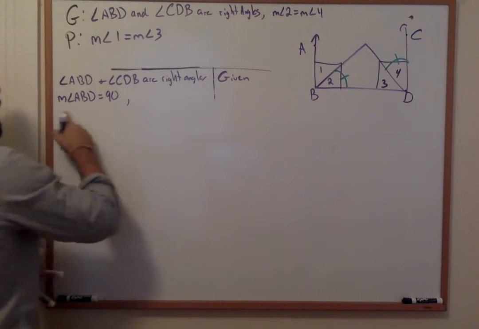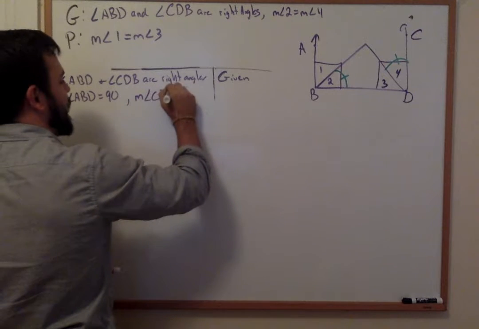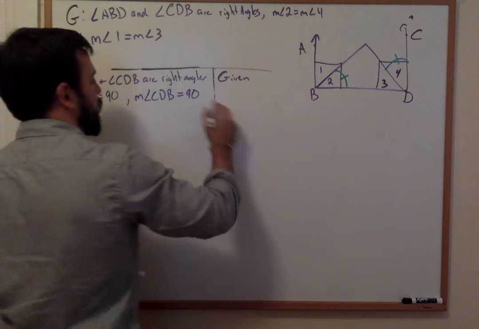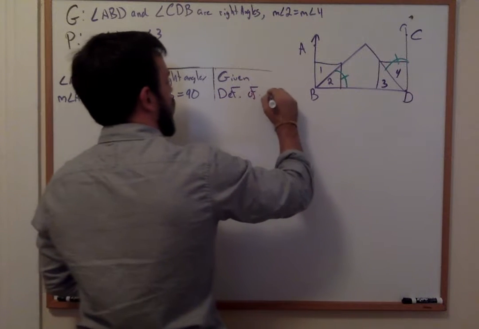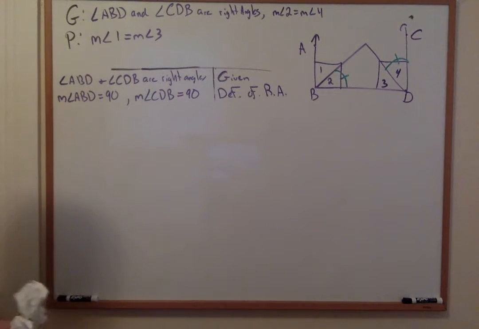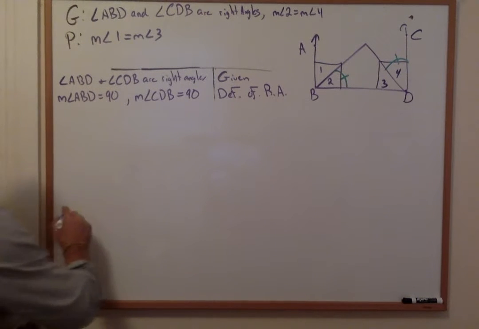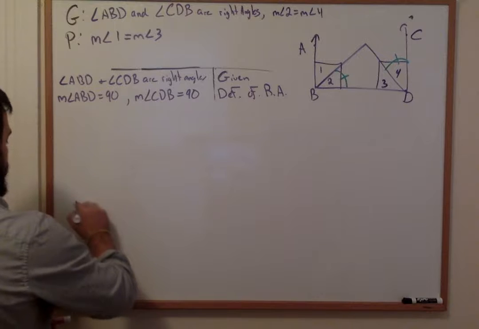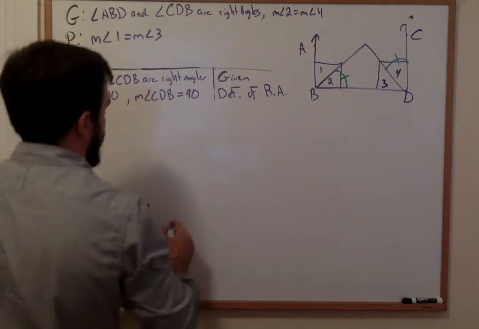So the measure of angle ABD is 90, and the measure of angle CDB is 90. And that's the definition of right angles. And down to the bottom, I want to prove that the measure of angle 1 equals the measure of angle 3.